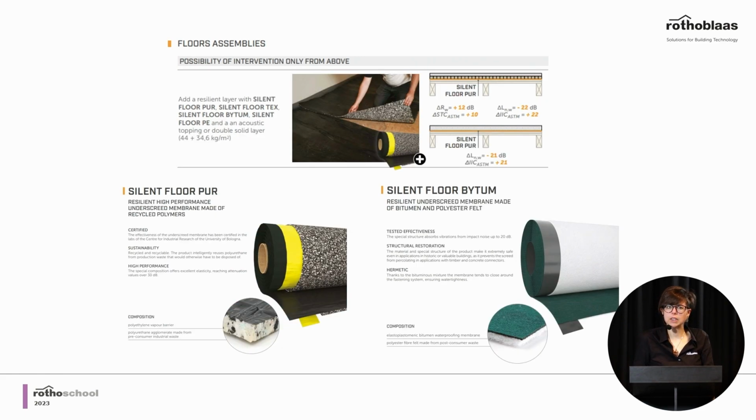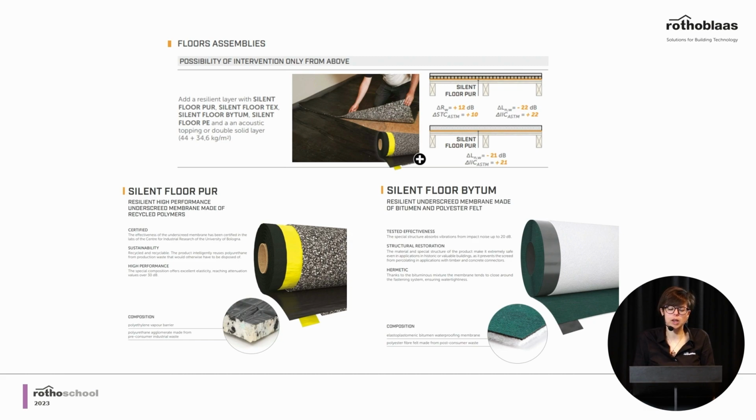On the other side, if we can work only from above, one solution is to construct a screed and separate the screed with a proper underscreed, so a resilient membrane that reduces the propagation of vibration. We have done some measurements on a CLT floor with this kind of improvement.